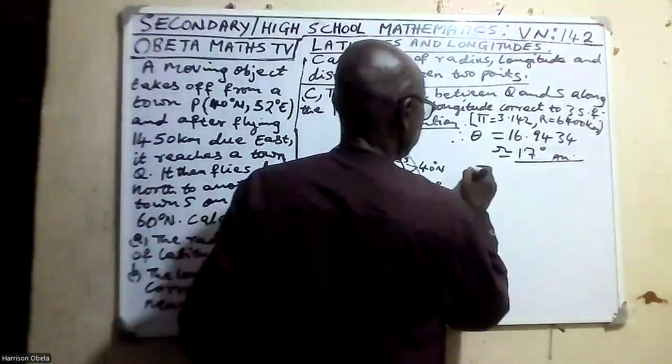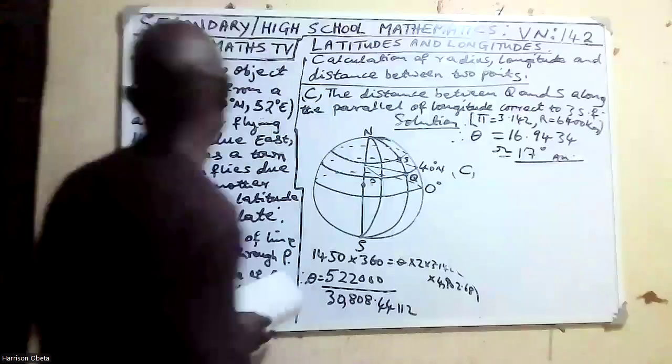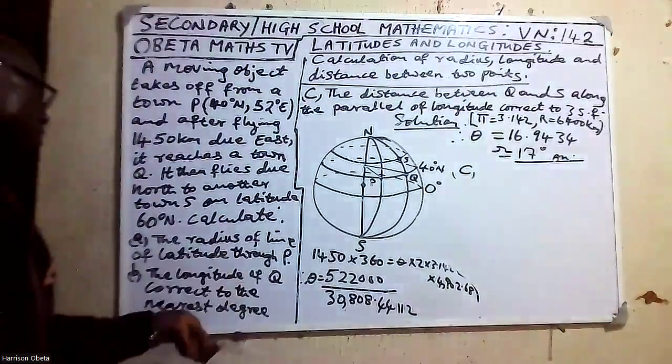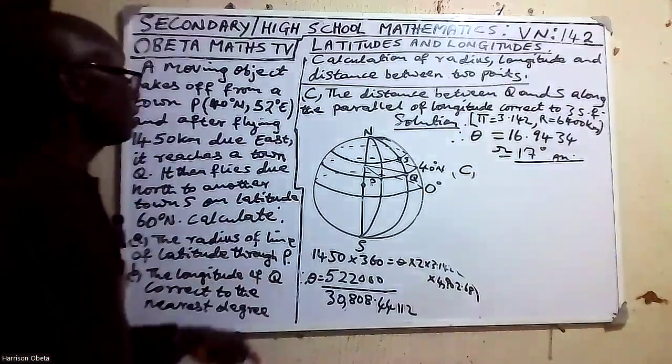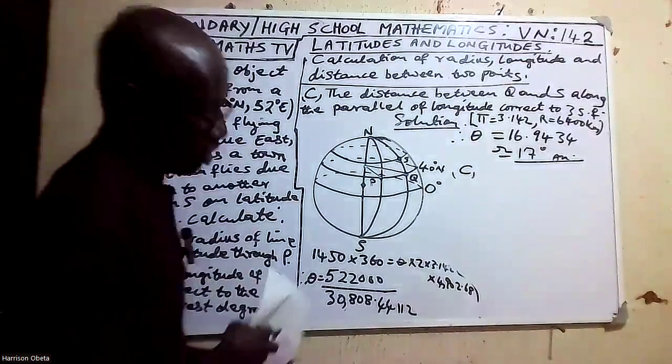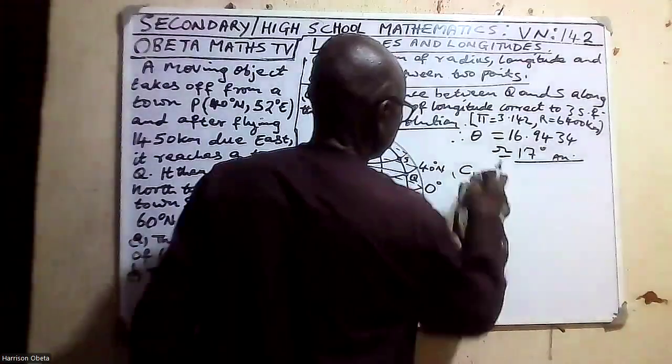We have to find the longitude of Q first, which we have not found.